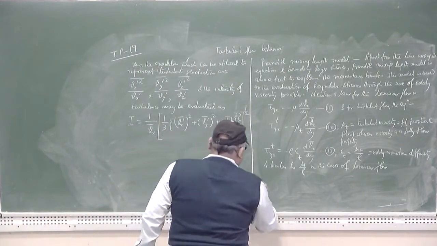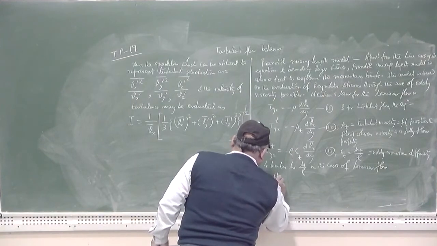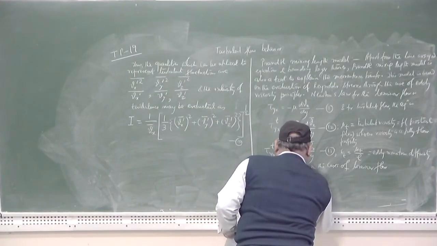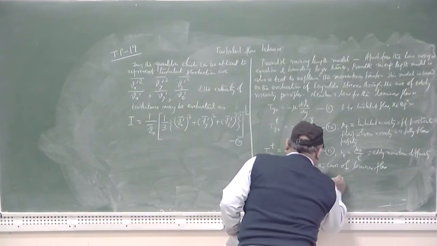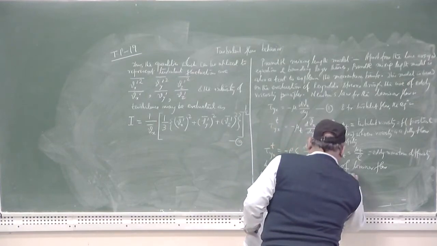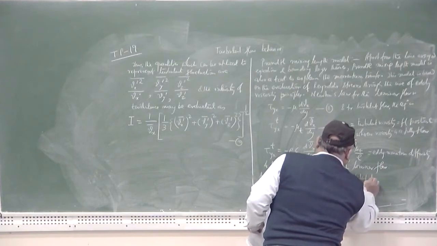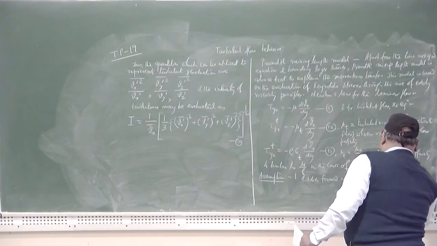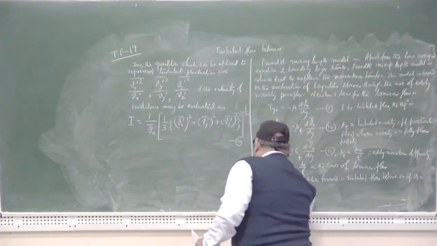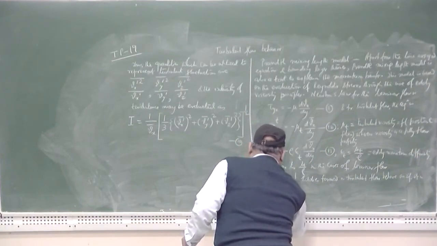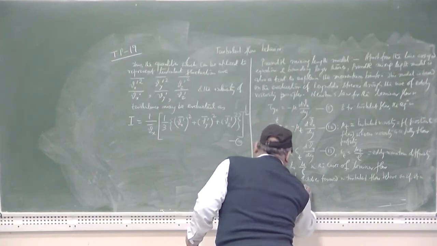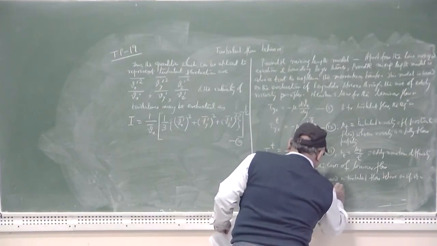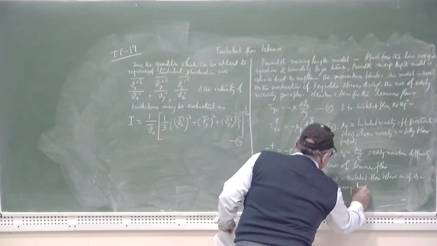Assumption number 1: the eddy formed in turbulent flow behaves as if it is a gas and loses its identity after moving through a distance.